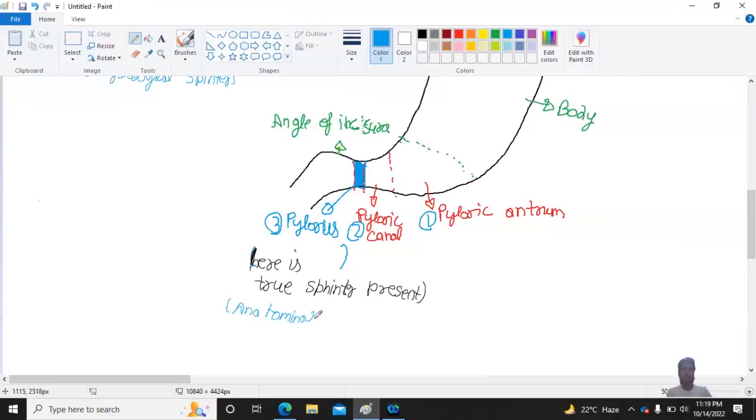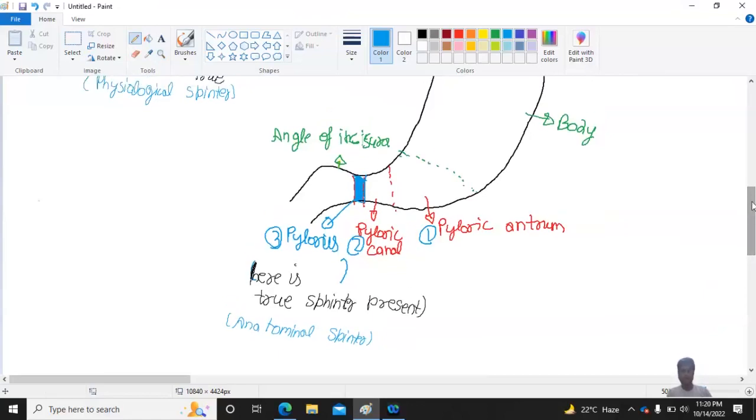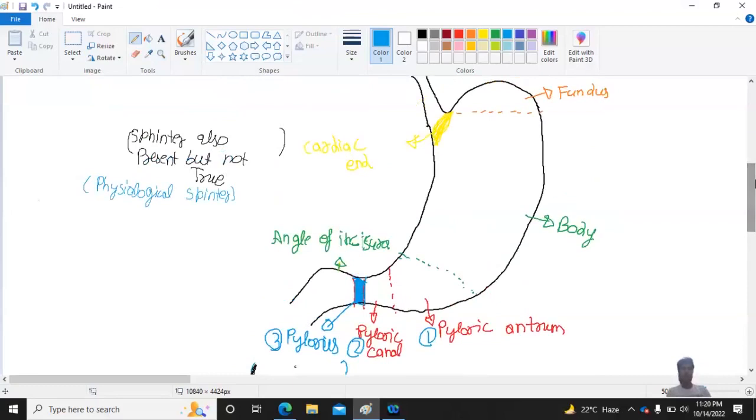So these are the two sphincter parts of the stomach and some labeling.